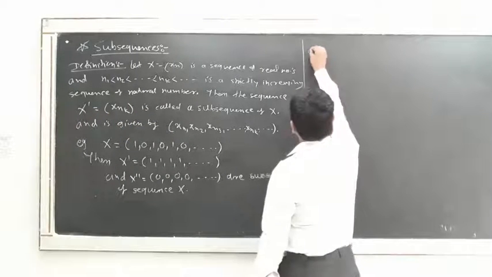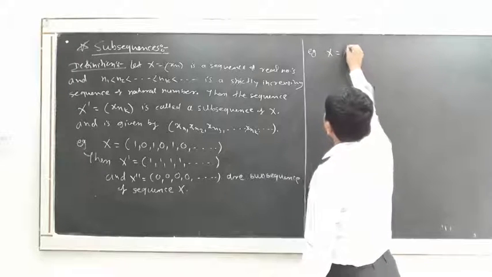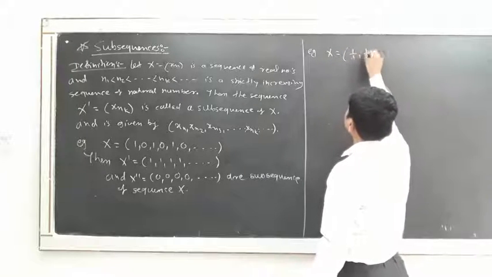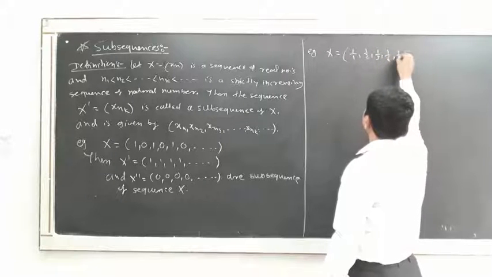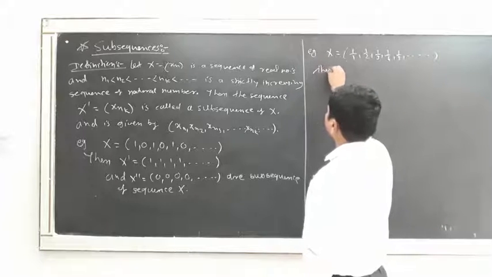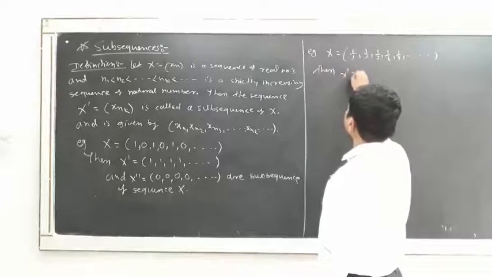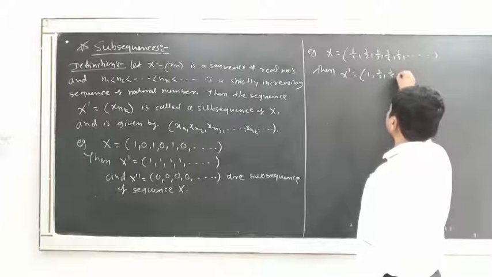One more example we can write here. Suppose X is equal to 1 upon 1, 1 upon 2, 1 upon 3, 1 upon 4, 1 upon 5, and so on. Then X dash is equal to 1, 1 by 3, 1 by 5, and so on.